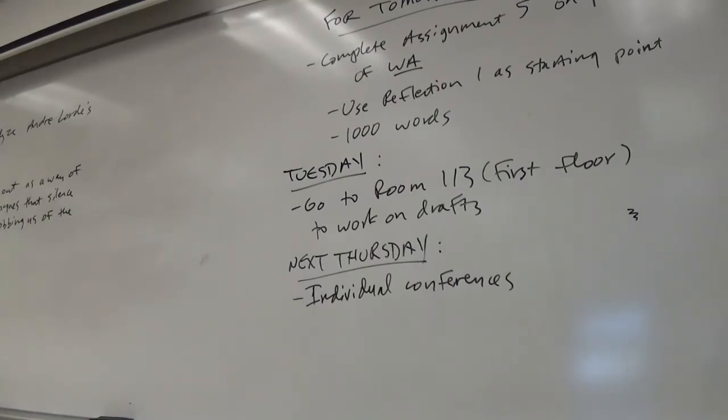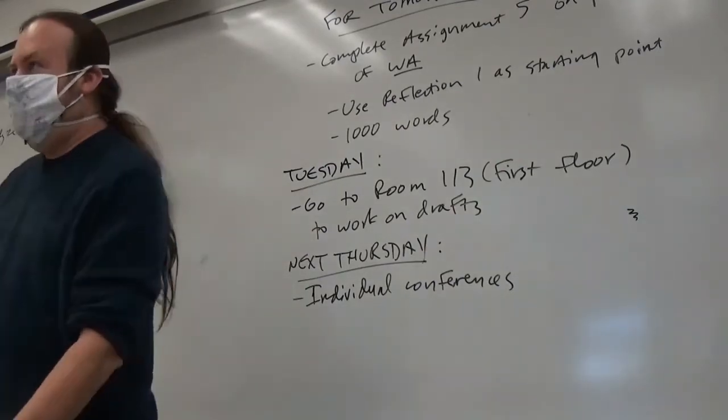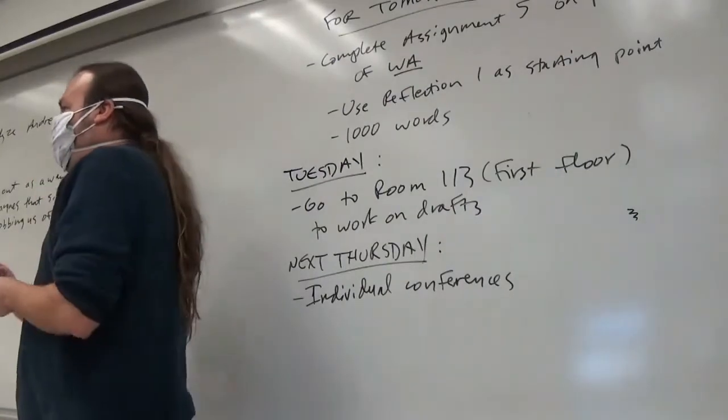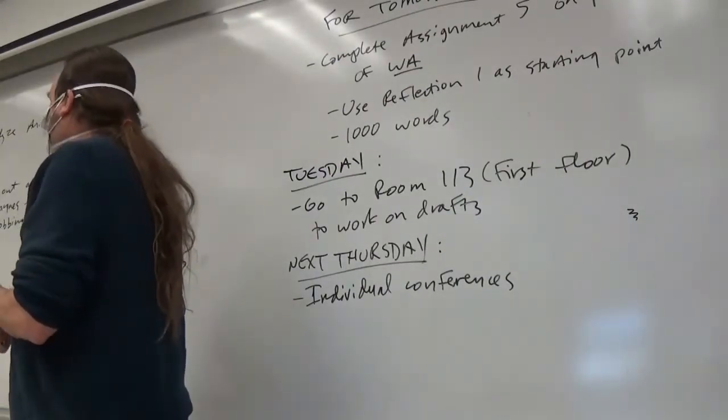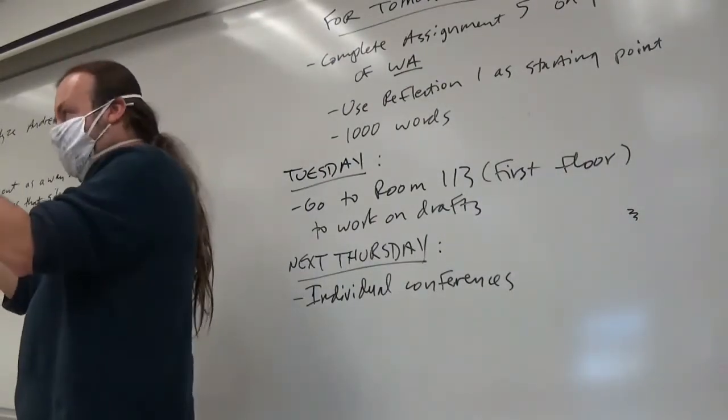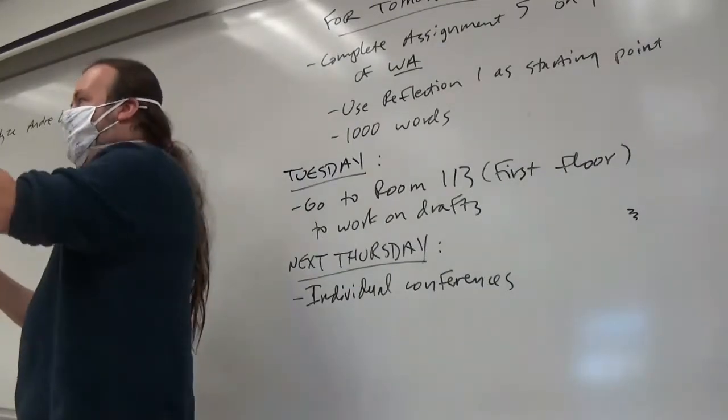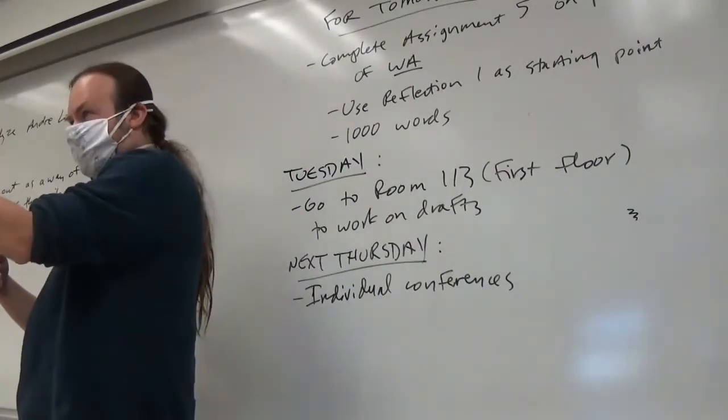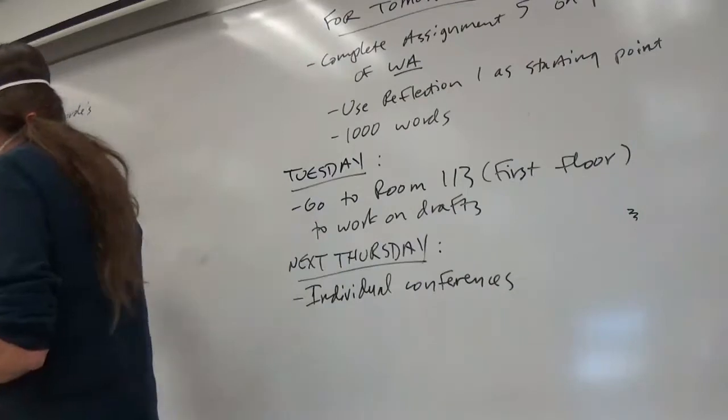So now instead of just saying I'm going to talk about silence in Audre Lorde's essay, I'm saying something specific about how I think she treats silence and what I think she's doing with it. This is arguable.